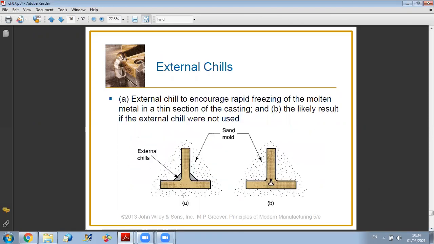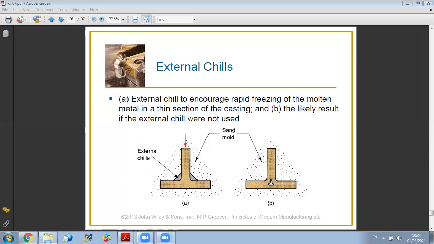So here, for example, let's say your riser is far away from these regions. Here, the riser is at this location, for example. Sometimes, if you have open molds, you don't have the option to use the riser, and you can use external chills.